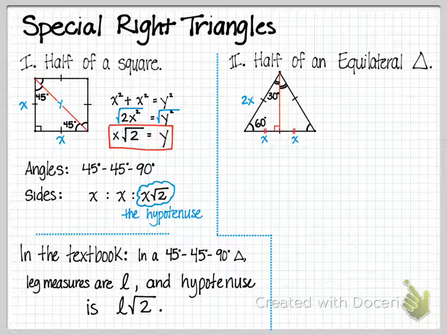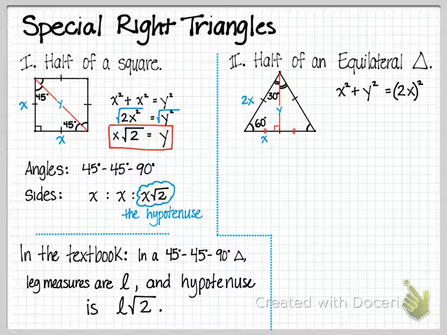I see that I have two sides: one of them is an x, and the other is a 2x. We don't know what that red line is, so we're going to call that y. So we have three expressions for the three sides of the right triangle: x, 2x, and y.